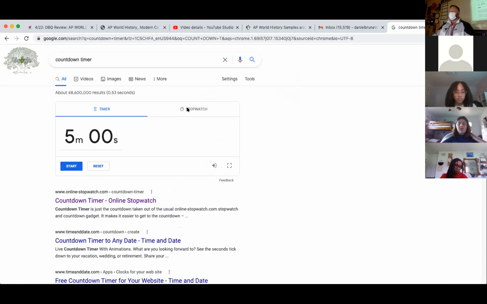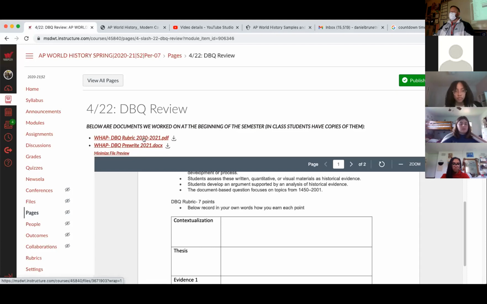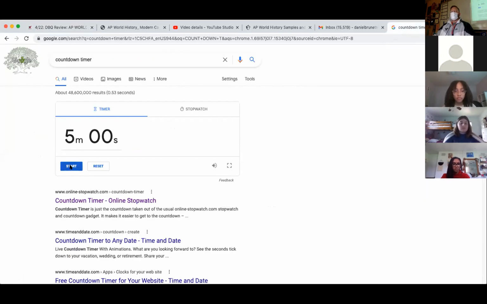If you are at home, you need to type in those boxes what you need to do to get those 7 points. Does everybody understand? Jill, are you with me or are you on your phone? Turn it to the other side though. Okay, that's where you're going to be writing. Now, you have the DBQ rubric, obviously, as well, that I gave you. If you are online, the DBQ rubric is the first document. So I want you to do your best in your own words to put how you can get those 7 points, each point. Go ahead and do that now. Go. I want to see what you know and what you don't know. What you know, now I know.